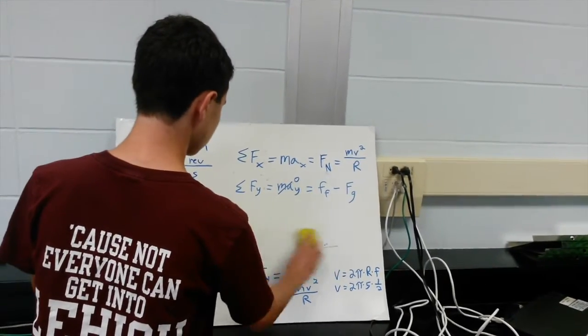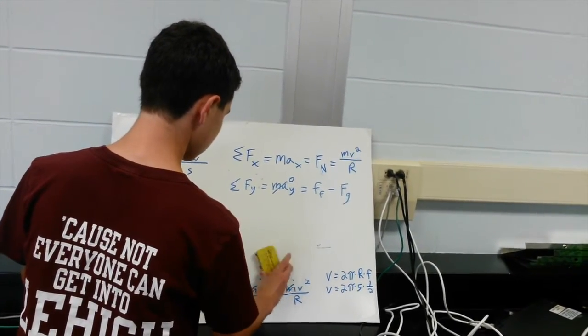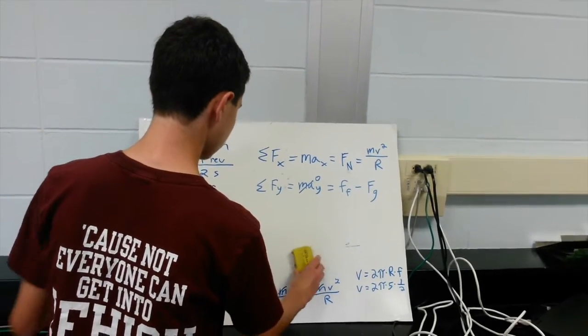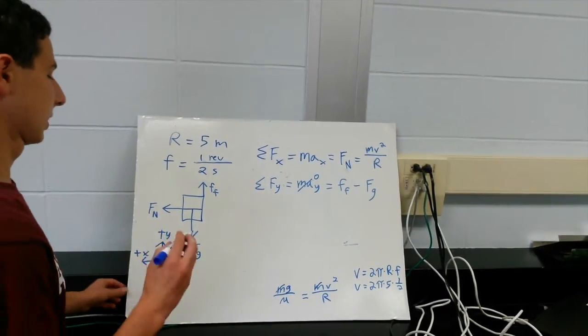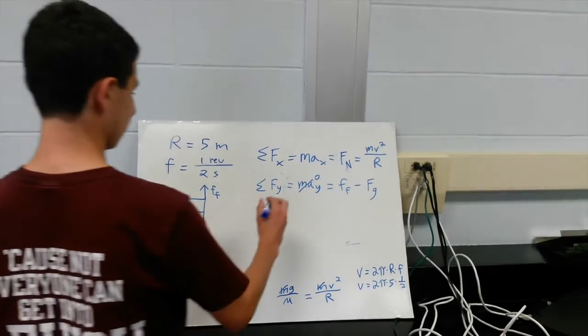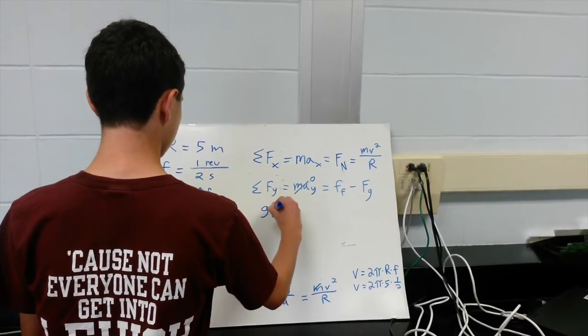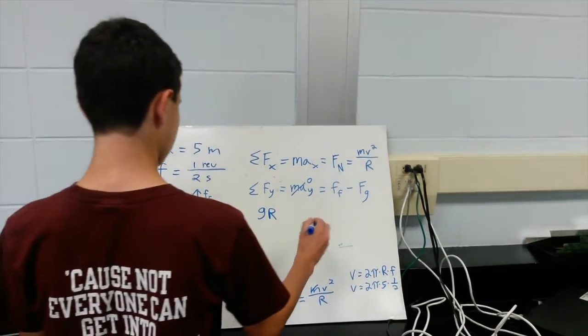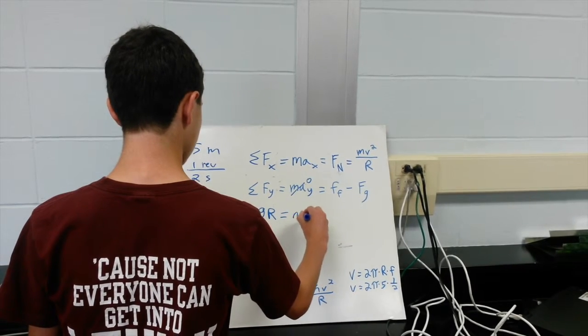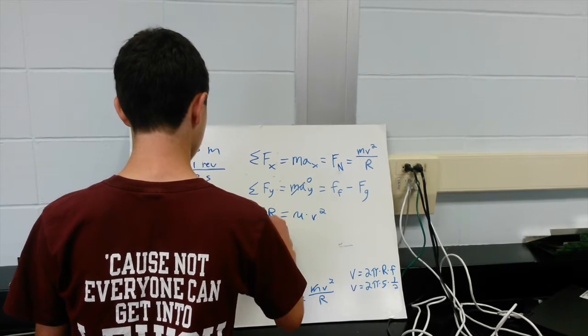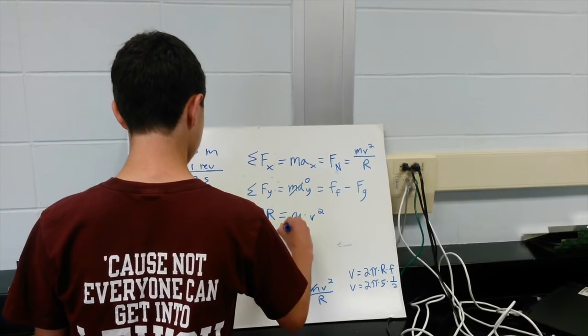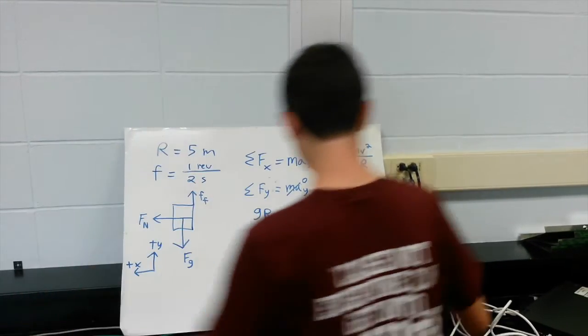Now just getting some space on the board. After cross multiplying, gravity times radius equals mu times velocity squared. And now let's plug in our velocity.